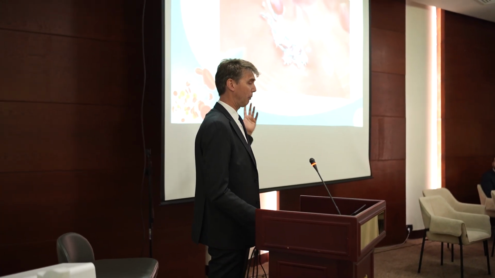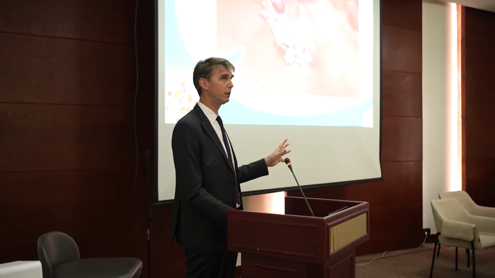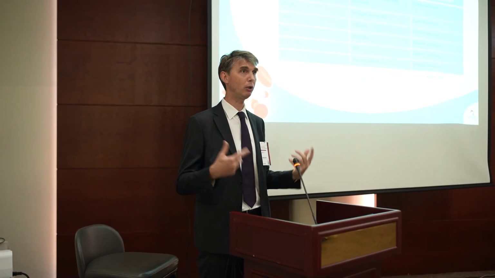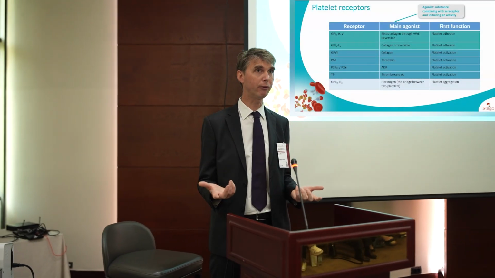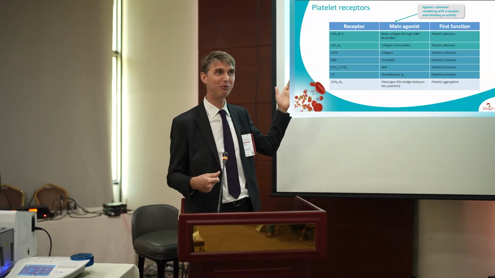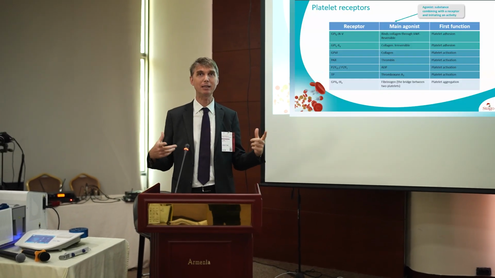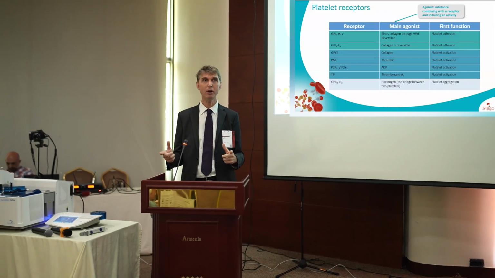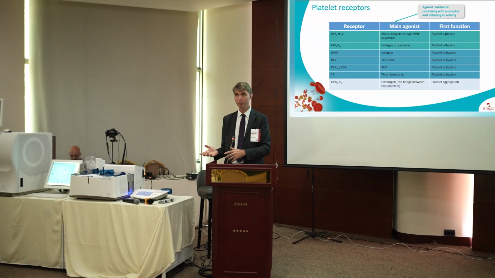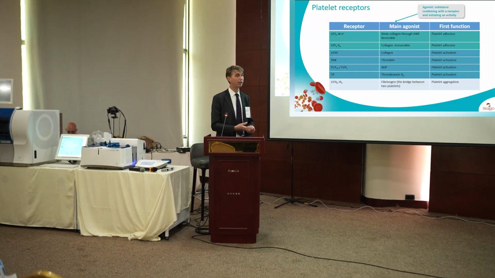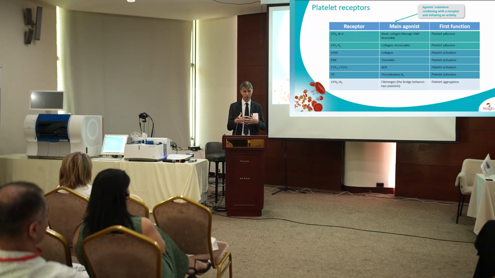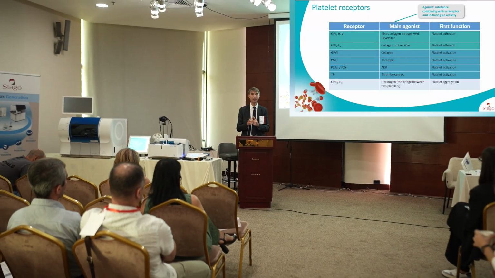So our platelets making the primary hemostasis are using different receptors, and these different receptors may be involved in different functions of the platelets, but then we can recognize them by activating selectively one of them by using agonists. Agonists are substances which are combining with a receptor, okay, to initiate an activity.